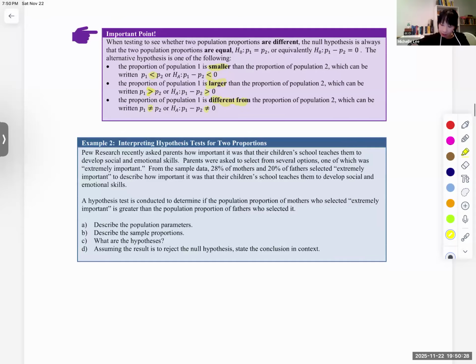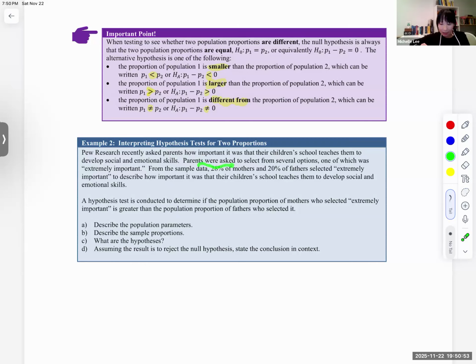Okay, let us do this example 2. All right, so parents were asked how important it was that their children's school teaches them to develop social and emotional skills.